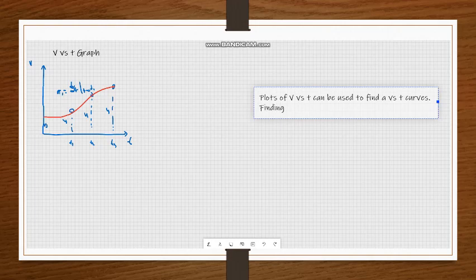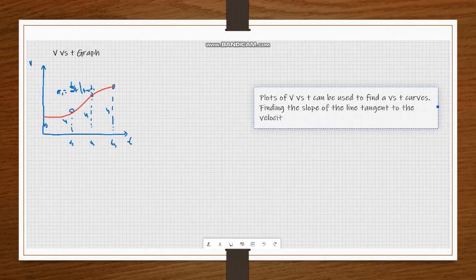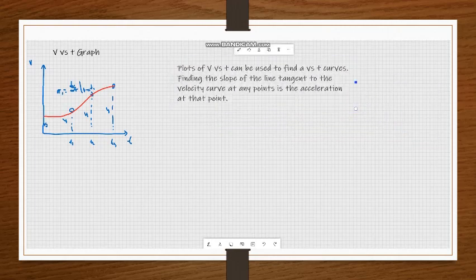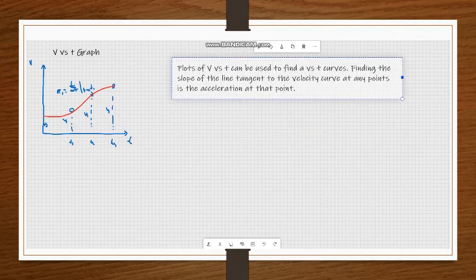Finding the slope of the line tangent to the velocity curve at any point is the acceleration at that point, right? Or it is basically dv over dt at whatever time we chose.